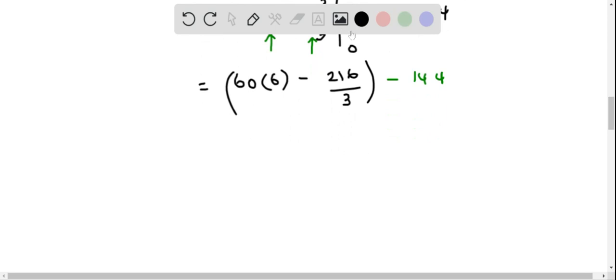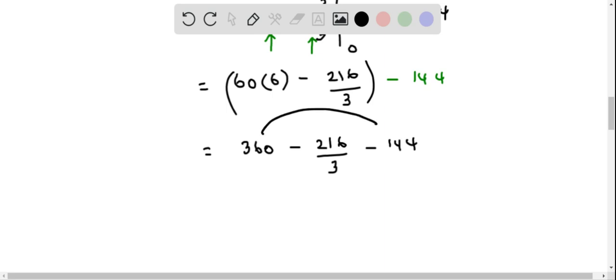Let's simplify this. So this gives 60 times 6 is 360, minus 216 divided by 3, minus 144. We combine this: 360 minus 144 equals 216. And so this one is 216 minus 216 over 3.